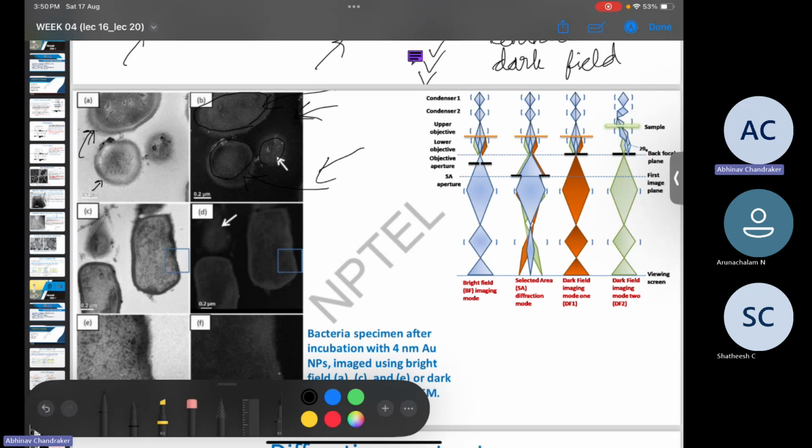So the dark field image is typically the inverse of the bright field image. If you look at the shades, brighter regions tend to be darker, and darker regions tend to be brighter.